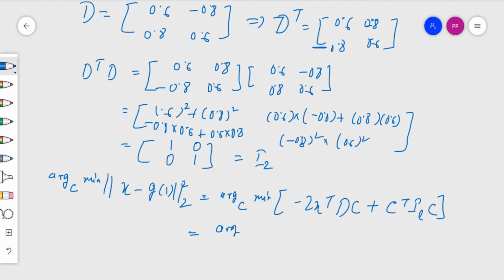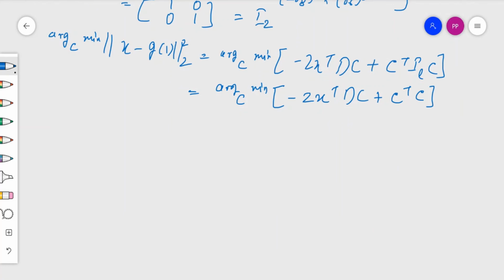So this can be written as argmin over C of minus 2x transpose DC plus C transpose C. Now we need to find the gradient, because C is a vector, so we have to minimize in terms of C, so we have to differentiate with respect to C.